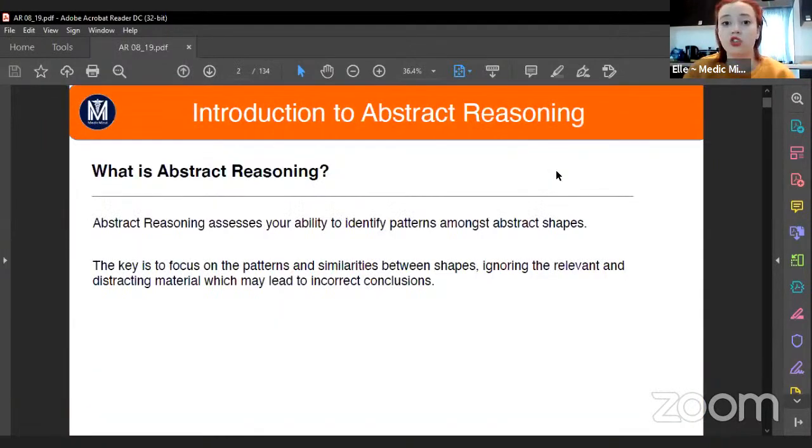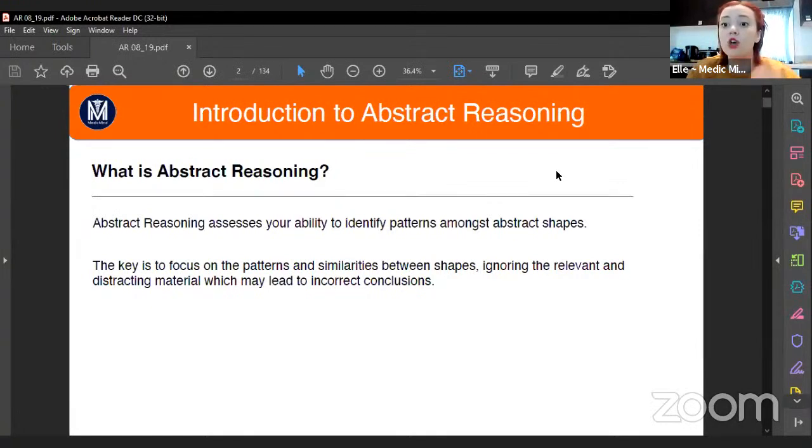So first question is, what actually is abstract reasoning? For anyone who's not seen these questions before, abstract reasoning is assessing your ability to identify patterns amongst abstract shapes. That's done in a few different ways, and we'll go through the question types later on.